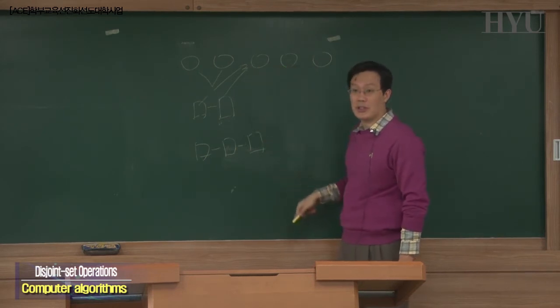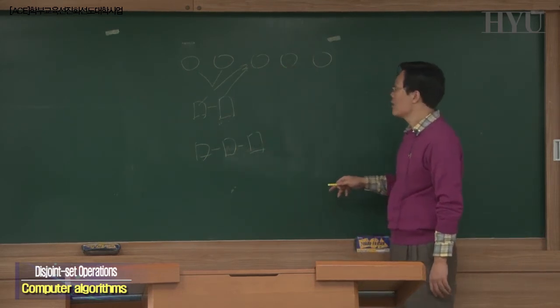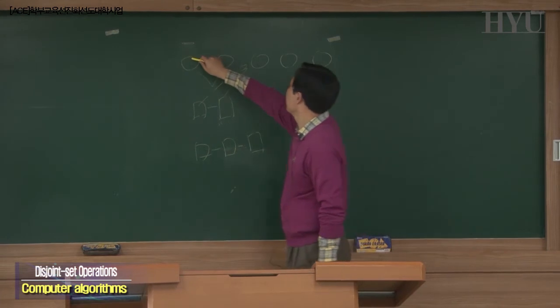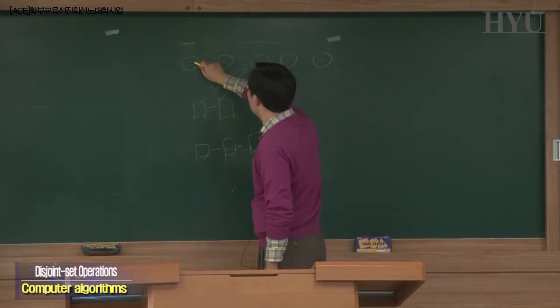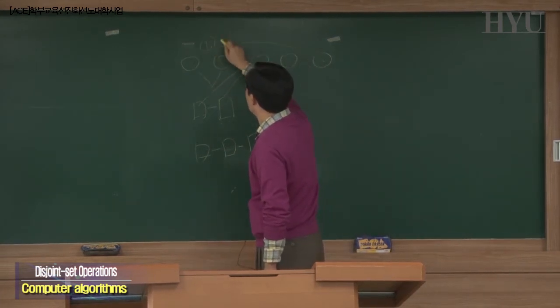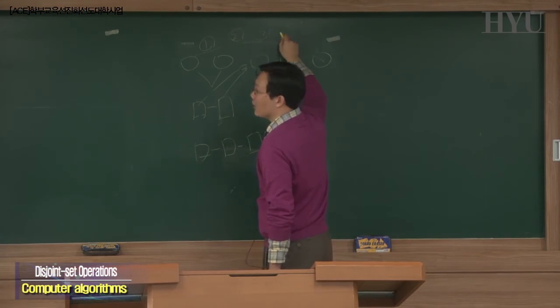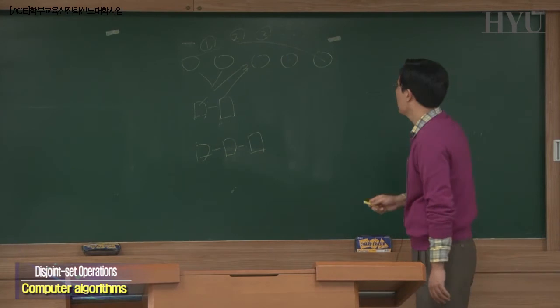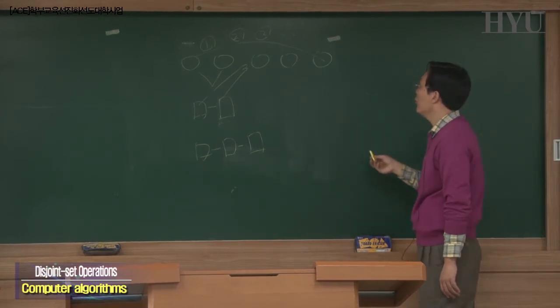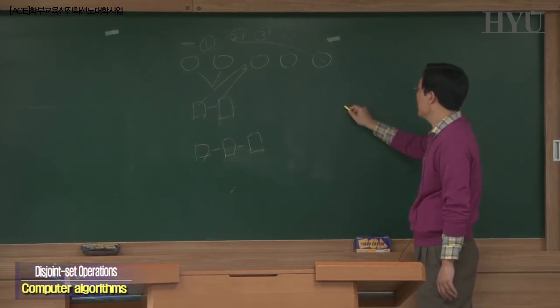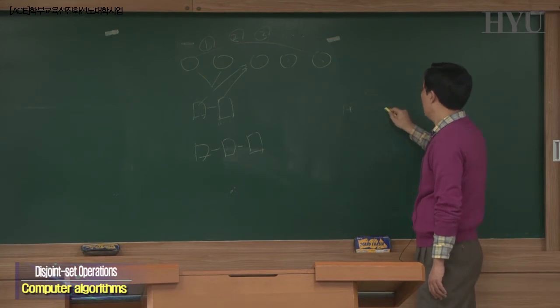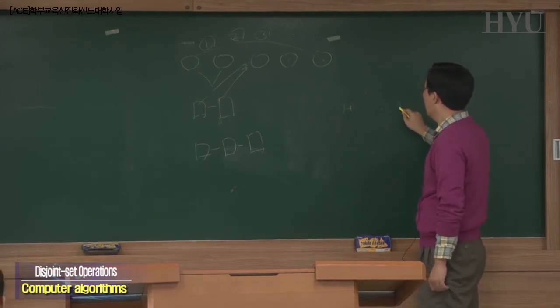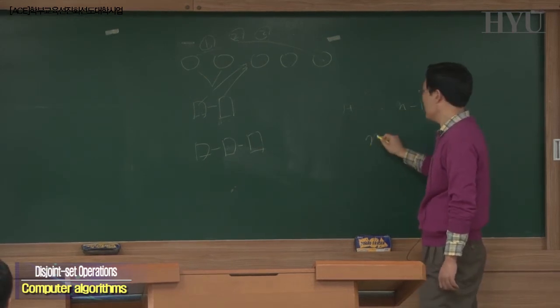And then what is the running time? First it takes 1, then 2, then 3. So the whole running time is up to n minus 1, which is n squared.